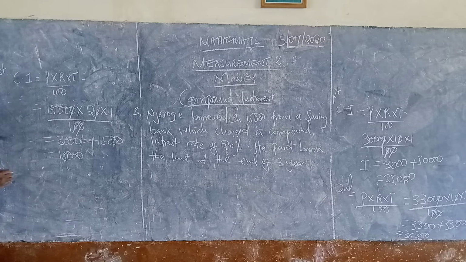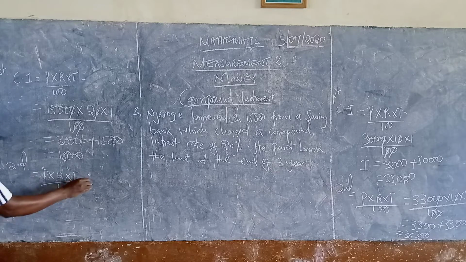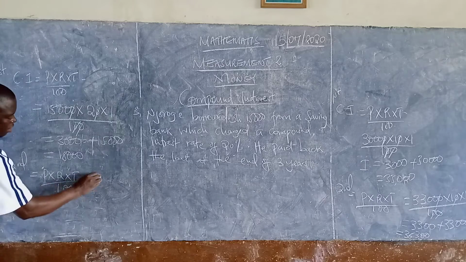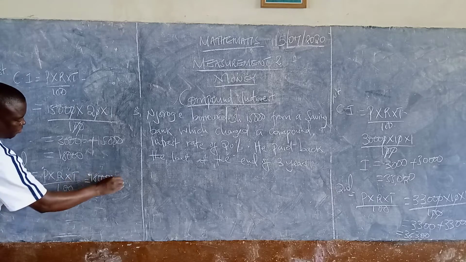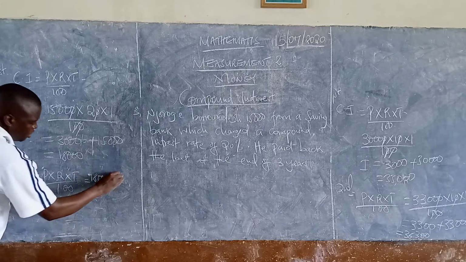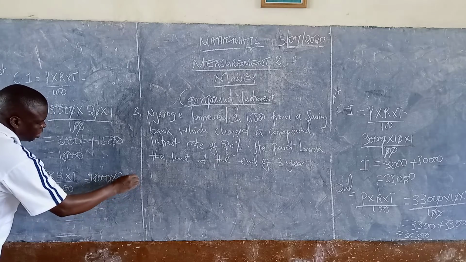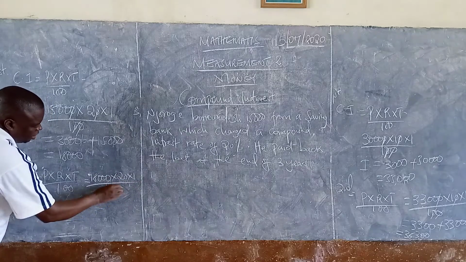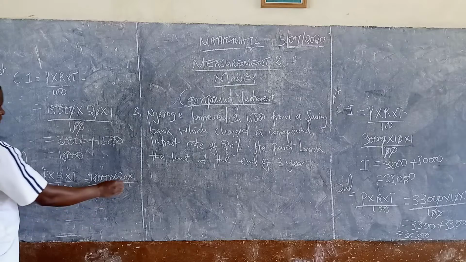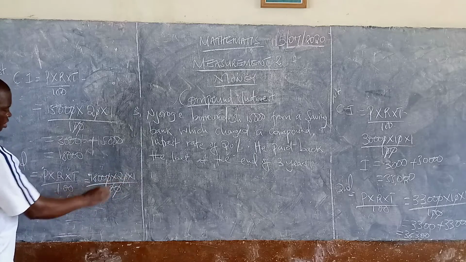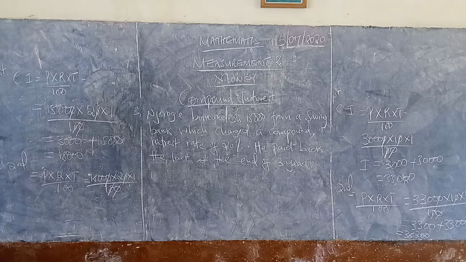So for the second year, it is again P times R times T over 100. Our P is 18,000, our rate is 20 times 1 over 100. We cancel the zeros, so we have 180 times 20, which is 3,600.